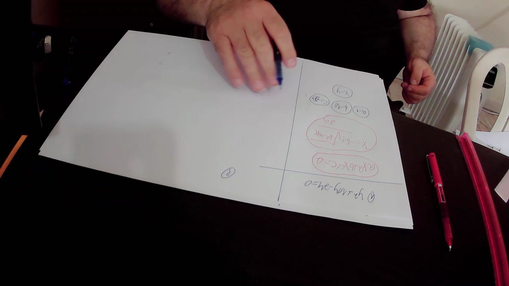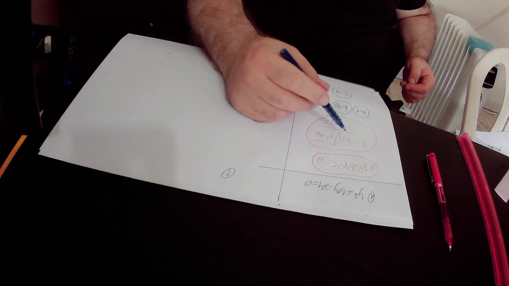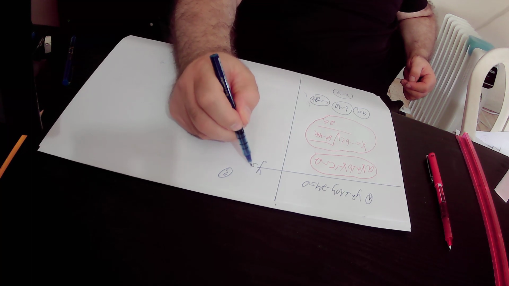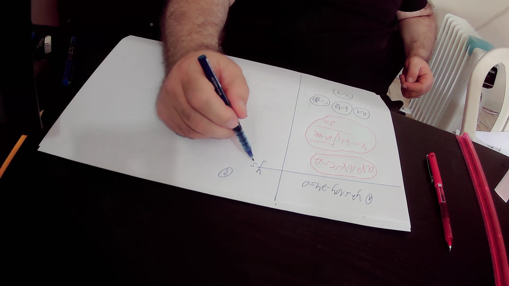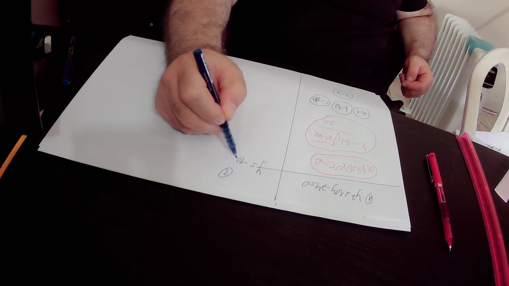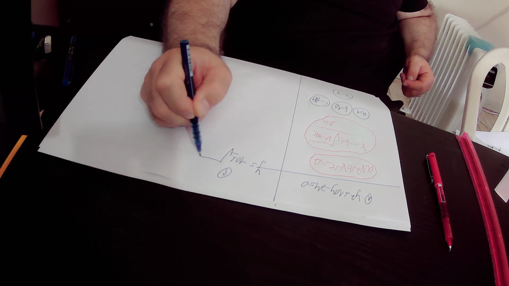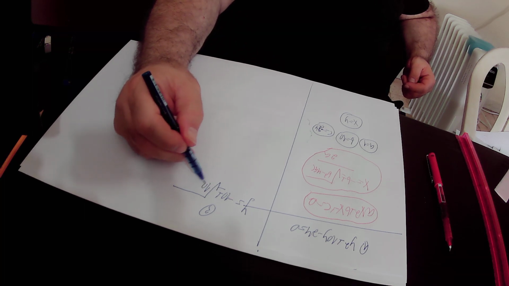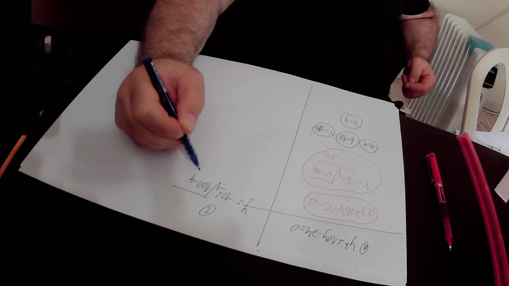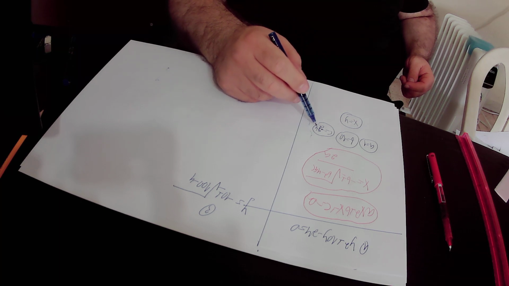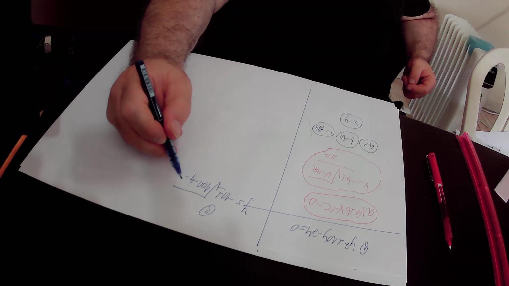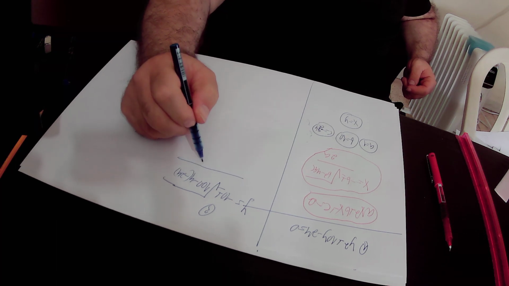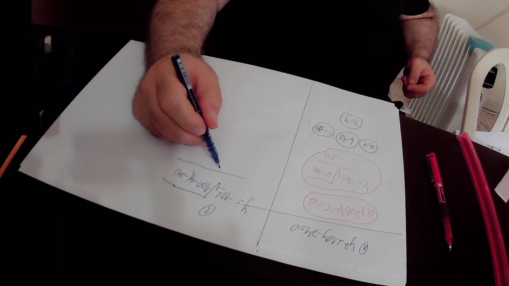According to this formula, x is equal to y, so y equals minus b, b is 10, so minus b is minus 10, plus minus the square root of b squared, b is 10, so b squared is 10 squared, that is 100, minus 4 times a is 1, times c is minus 24, over 2a, a is 1, so 2 times 1 is 2.